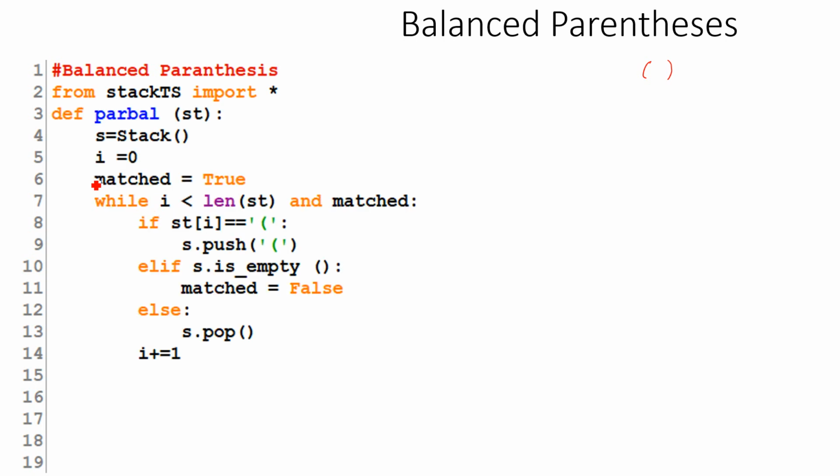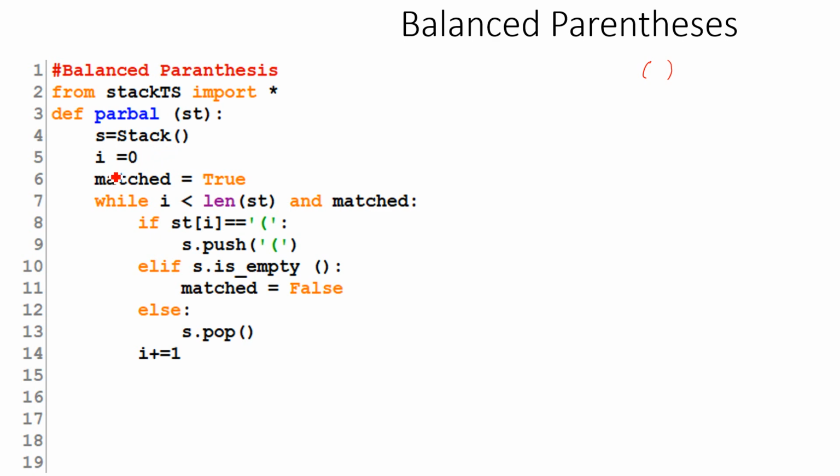As I told you, it is defined as a function called parenthesis balanced, and it takes an argument st. We are going to pass the string into it, and for the stack, we define the stack object called s from the stack class.